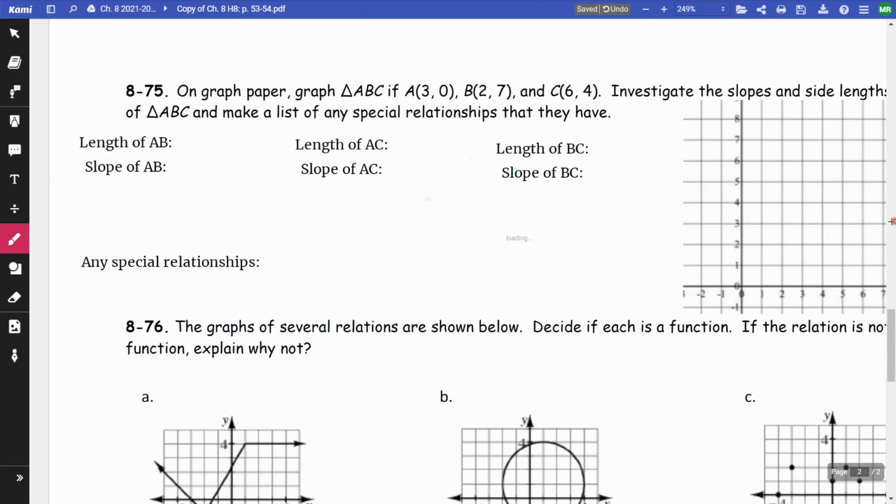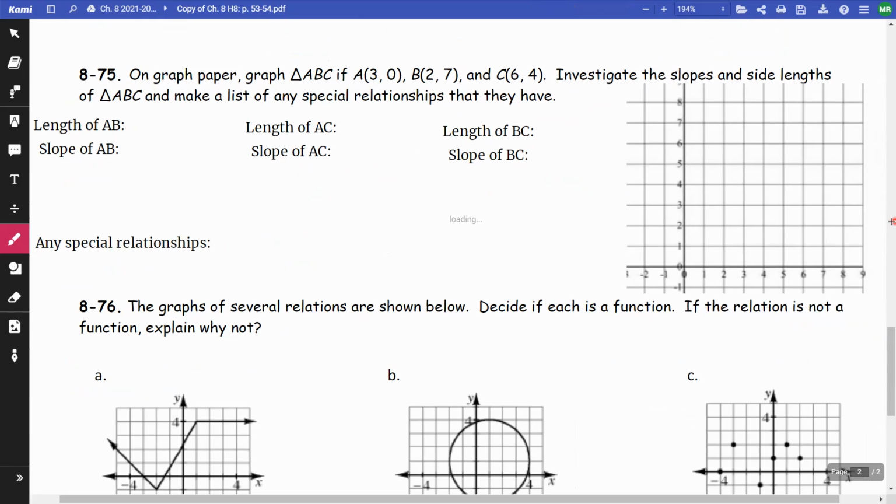On 78-75, so this one I added on everything you see here, length of AB, AC, BC, and any special relationships in the graph. That was not in the packet. So if you're doing it in the packet, you're going to have to get some graph paper out and do this.